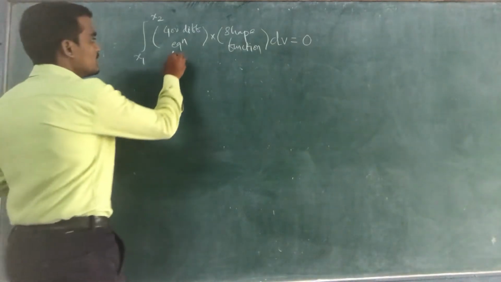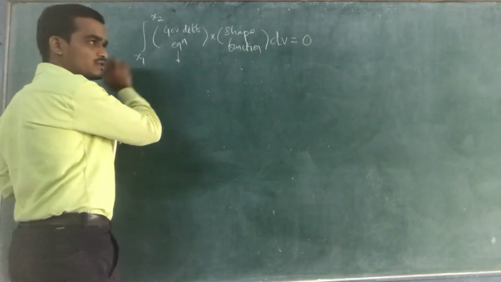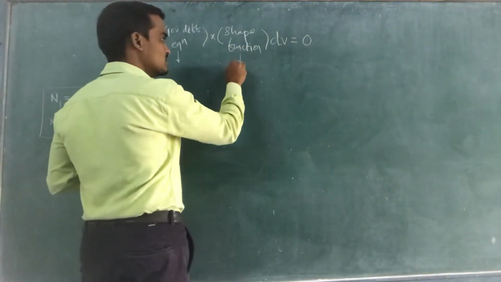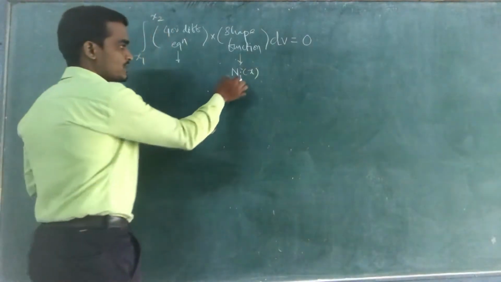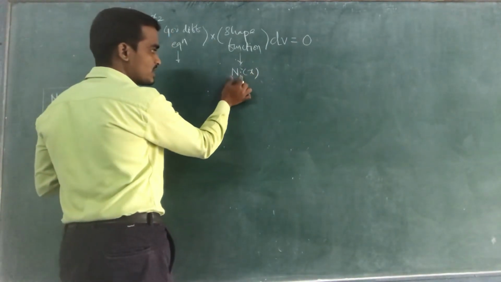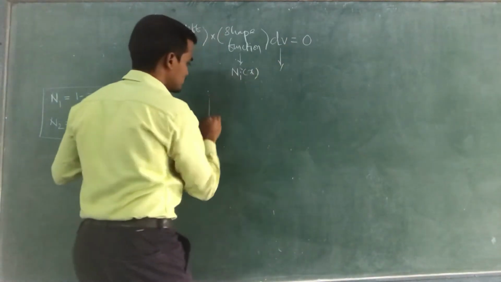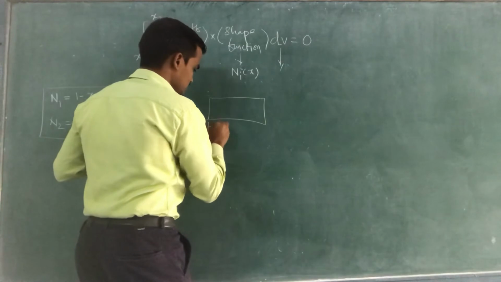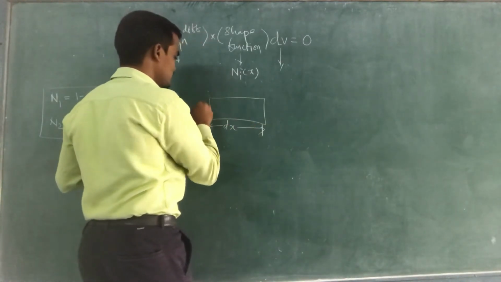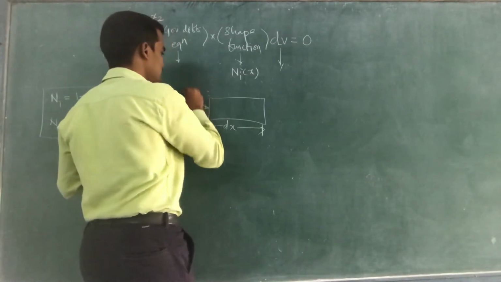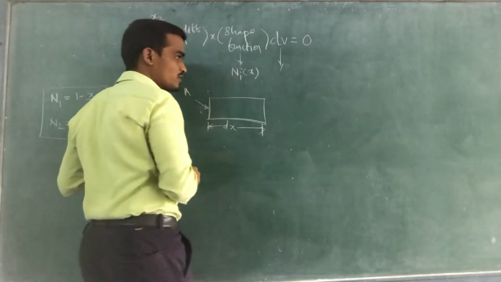So here the governing differential equation is ready. We have the governing differential equation for this heat transfer problem. Shape functions also, we have shape functions Ni of x, because this is a function of x. And the volume: this length is dx, and the area of that element is A. For this surface, the area is A. So what will be the volume?